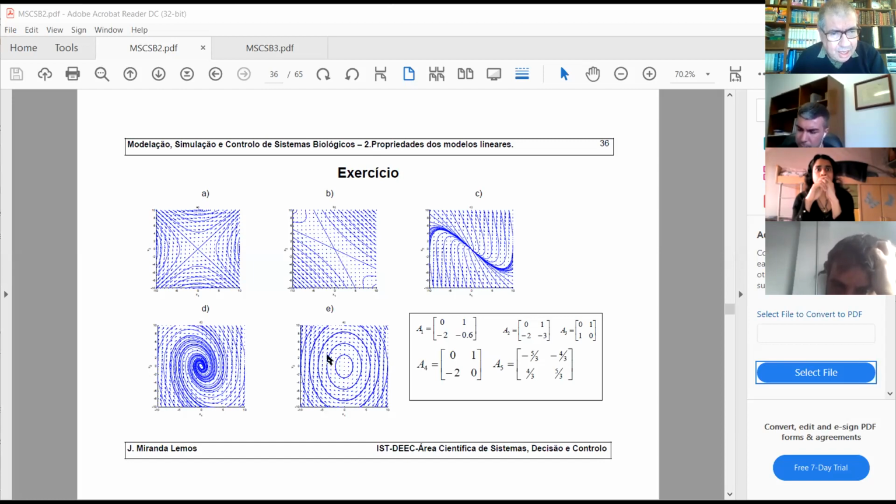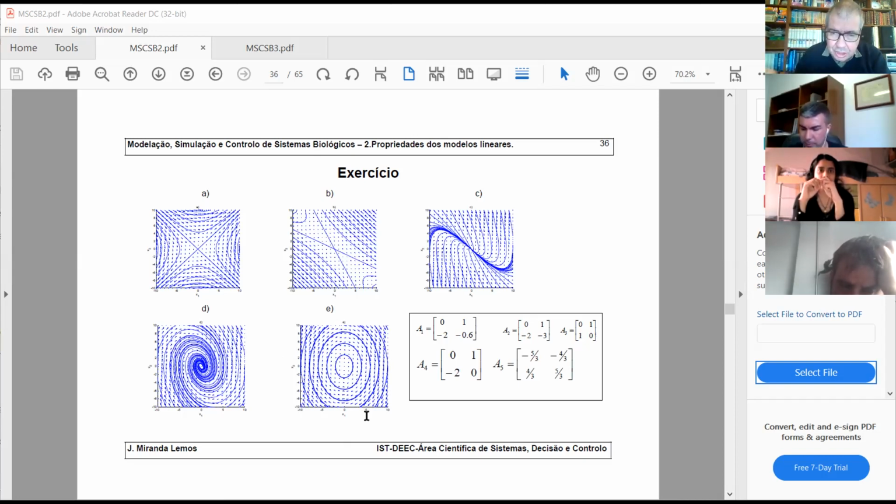Could it be E? But it isn't E. It should correspond to what position of the eigenvalues? Pure imaginary, no?